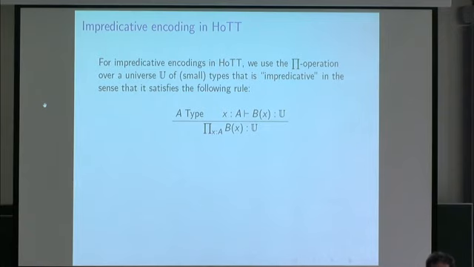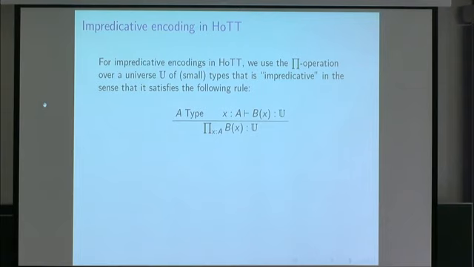That is, if I have a family of types indexed over any type, this is B indexed over A, where A is anything, but all the values in the family are in U, that is, they're all small, then when you take the product of that family, the result is again small. That's what that rule is saying.